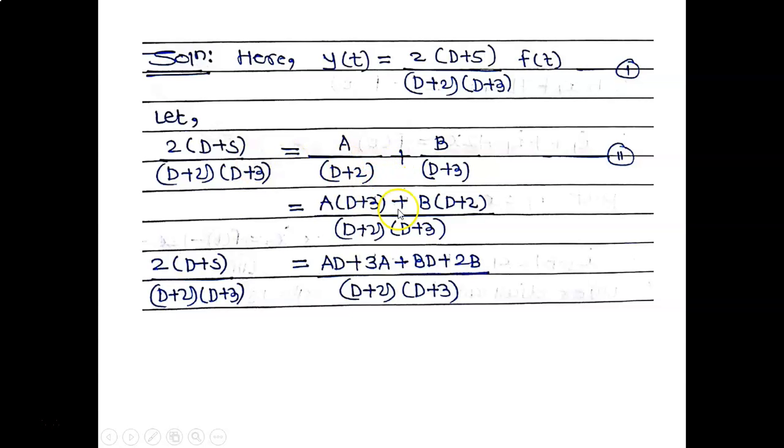Therefore, by cross multiplication, A(D plus 3) plus B(D plus 2) divided by (D plus 2)(D plus 3). Therefore, 2(D plus 5) divided by (D plus 2)(D plus 3) is equal to AD plus 3A plus BD plus 2B divided by (D plus 2)(D plus 3). These two denominators will cancel with each other.